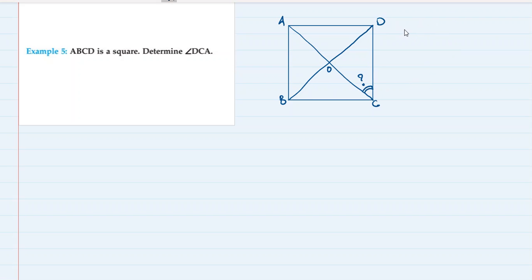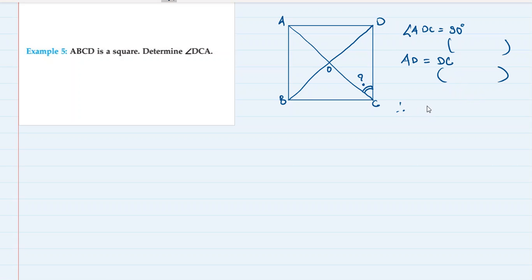So ABCD is a square. So therefore angle ADC is equal to 90 degrees. Since ABCD is a square, each interior angle will be 90 degrees. Also AD is equal to DC. All the sides of the square are equal.